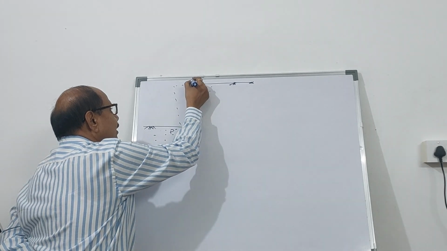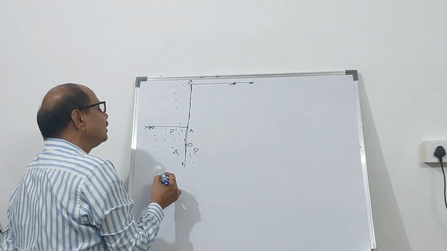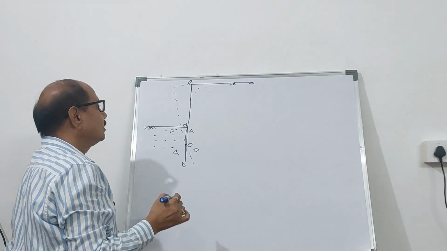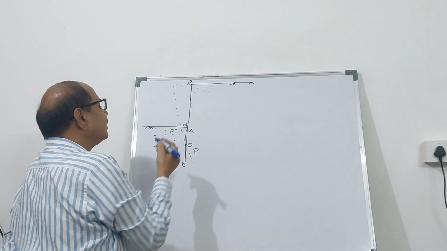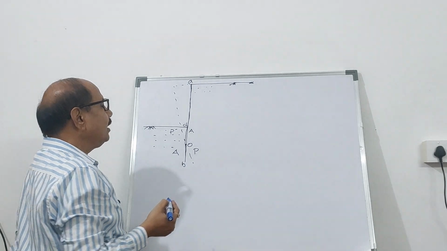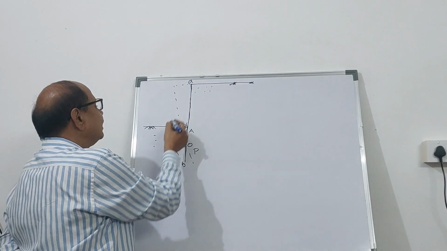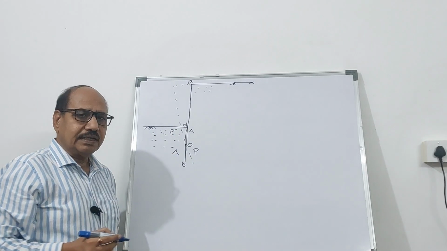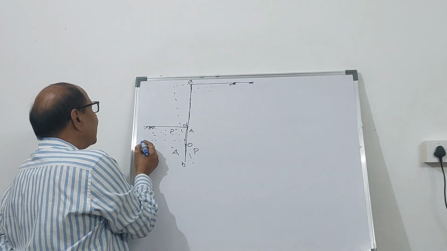And the topmost point, if you take it as A, bottommost point as B, and the dredge line as D, then ADB is a cantilever sheet pile having granular backfill, and it is penetrating a granular bed. So the properties are known to you.